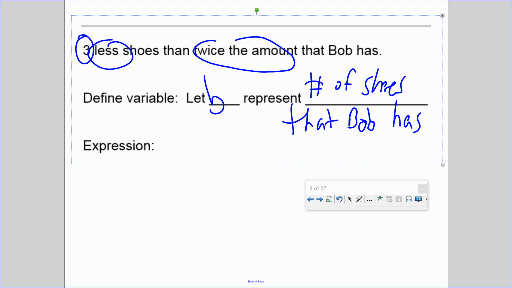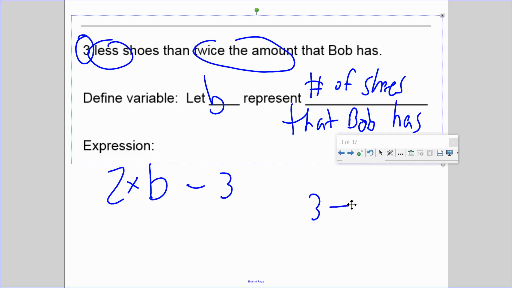So Bob has twice. Twice means 2 times the number of shoes that Bob has. But you're taking 3 from it, 3 less shoes. Be careful of doing this: 3 minus 2 times B. Some kids will do this. This is wrong because you're taking twice the shoes from the 3 shoes.